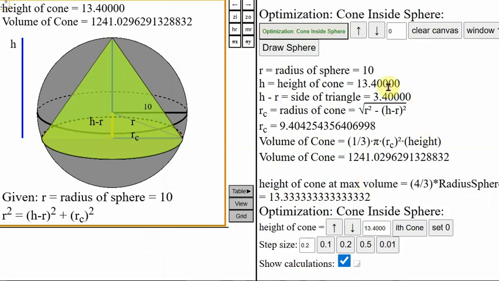And we saw that here. The cone has a maximum volume when the height is about 13.4 here. But the exact answer is 13 and 1/3.